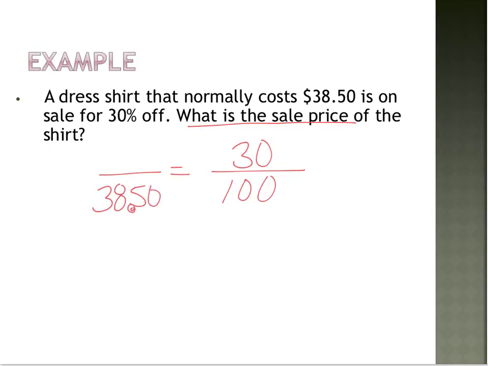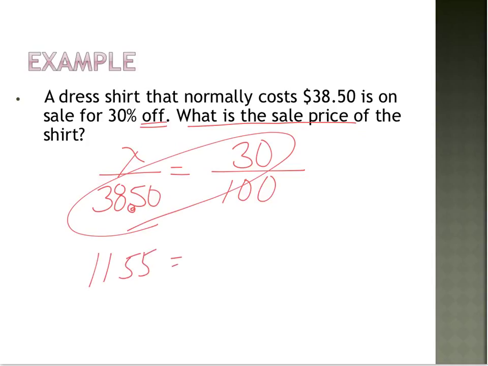Now remember, this 30% is not the sale price, it's the part that comes off. So again, use your cross products. That equals 100x, divide by 100. So we have $11.55 equals x.